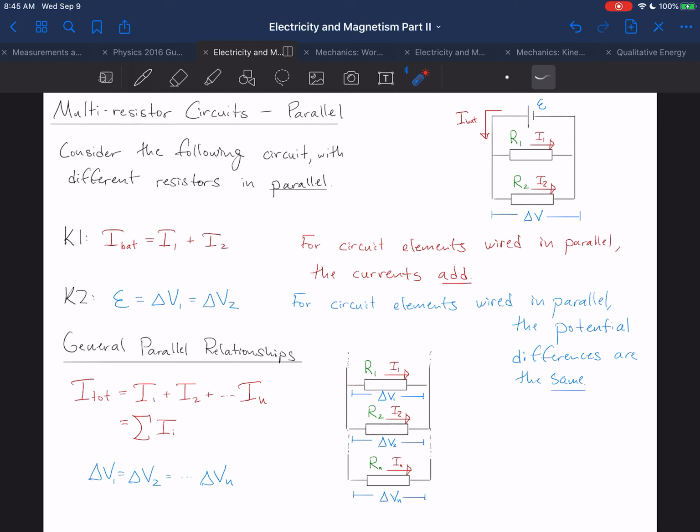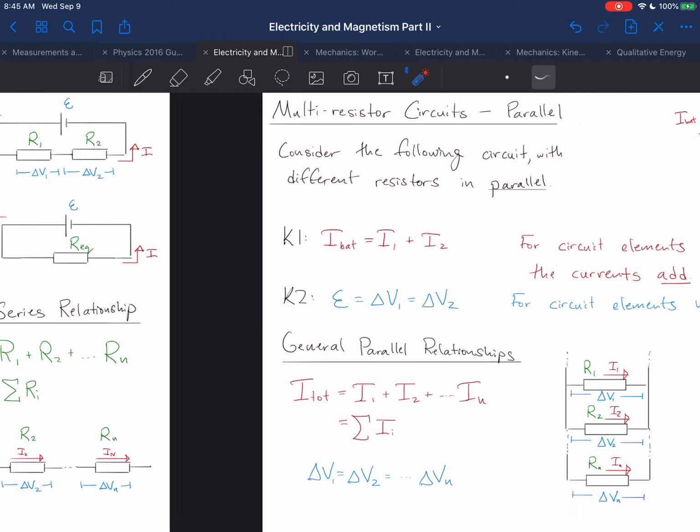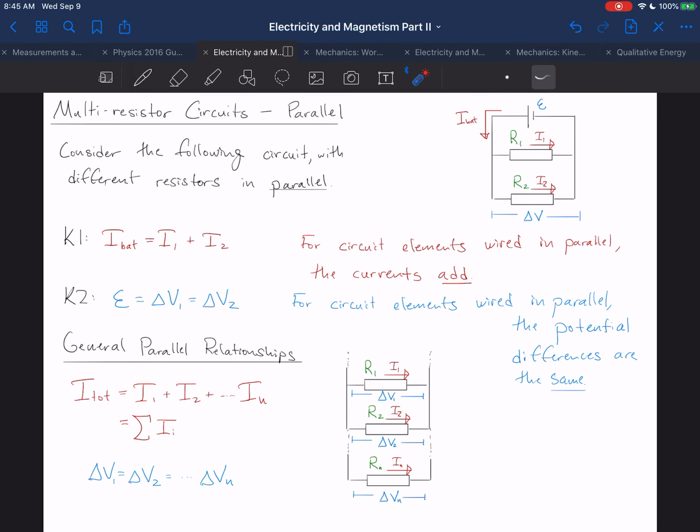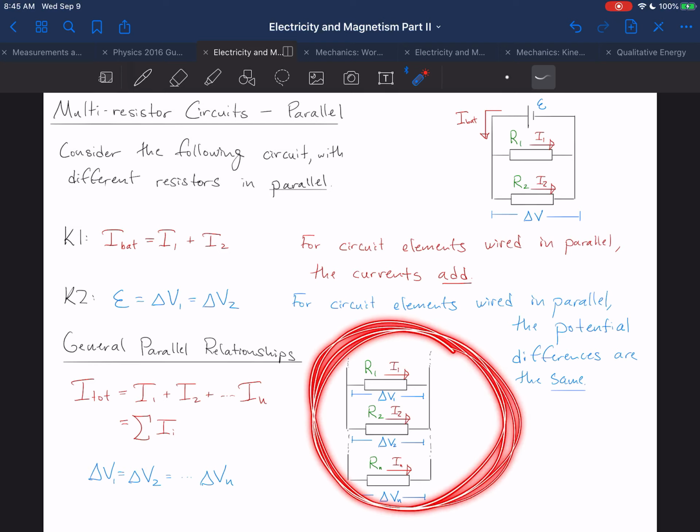Notice that this pattern is exactly opposite the series relationship. The currents and the potential differences behave in exactly opposite ways between the multi-resistor circuits in series and the multi-resistor circuits in parallel. As mentioned in the last video, what I would encourage you to do before we move on is to have a try at figuring out what that means about the equivalent resistance of this mess right here.